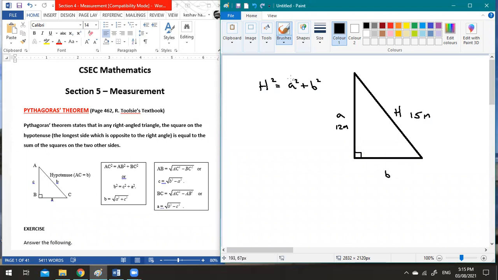We can rearrange the formula. If you want B, you carry the A to the left hand side, and we'll have H squared minus A squared is equal to B squared.